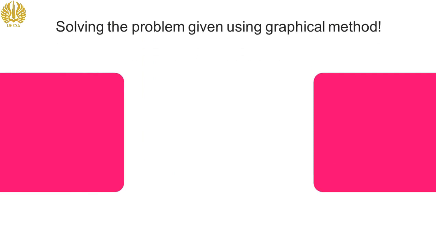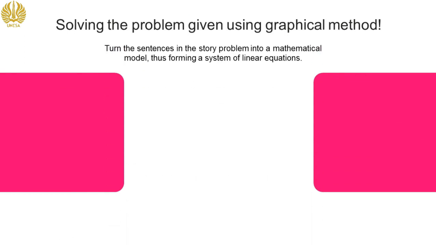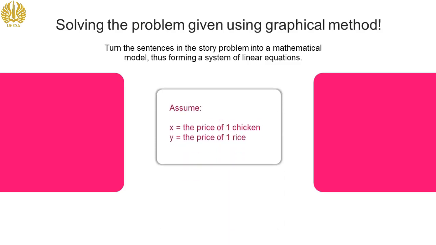Now, to solve the problem given using the graphical method, we must turn the sentences in the story problem into a mathematical model, thus forming a system of linear equations. Do you still remember about mathematical models? So we change the story that contains important things into a mathematical model. We assume X is the price of 1 chicken, and Y is the price of 1 rice.